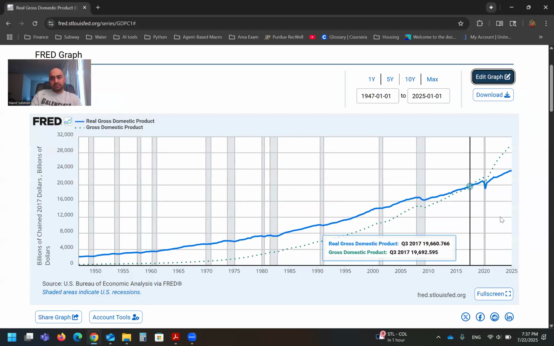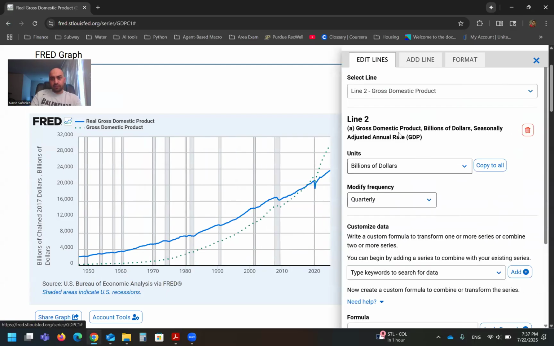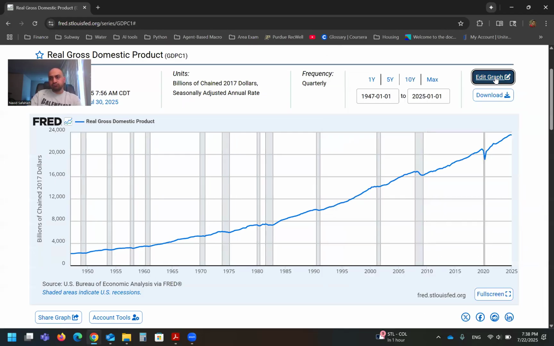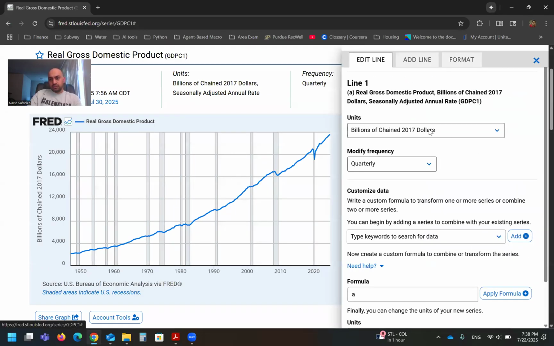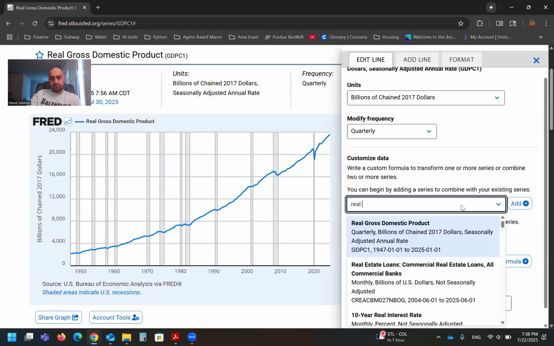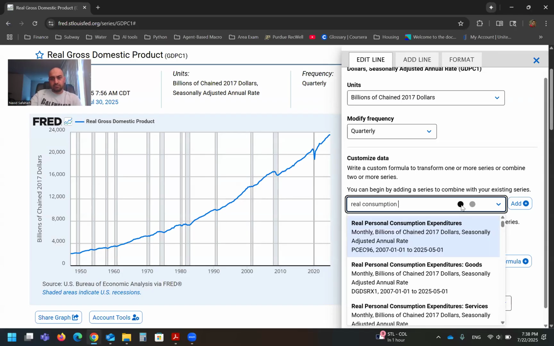So now let's make some of these lines. Let me just delete the nominal GDP because we don't need that for this graph. We already have this real GDP here. Let's add the real consumption as well, the quarterly ones.